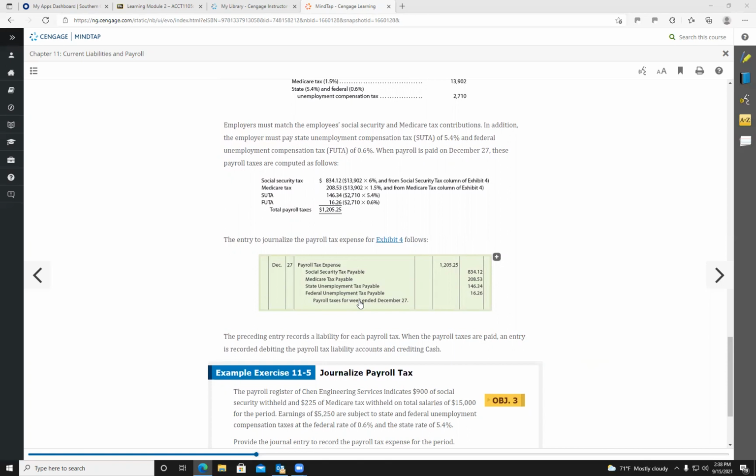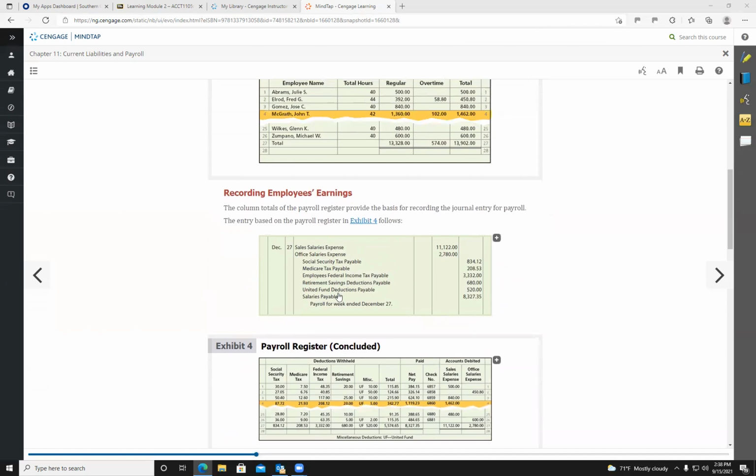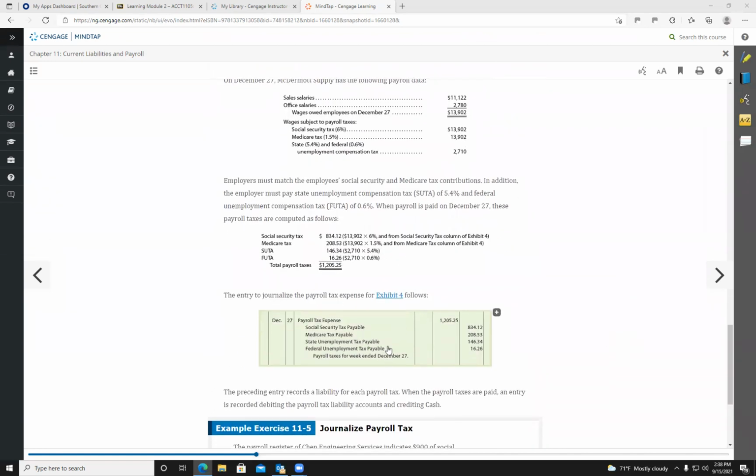So again, in this journal entry right here, we record the employee's earnings plus the employee's deductions, which gives us the net pay, which is salaries payable for all of our employees. And in this journal entry, we are recording the liability for the employer, which is the total payroll taxes that the employer is responsible for paying.